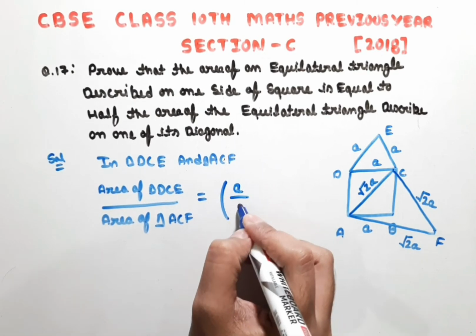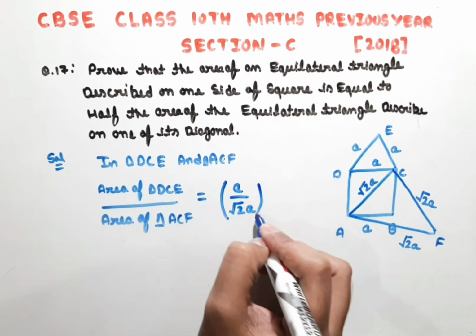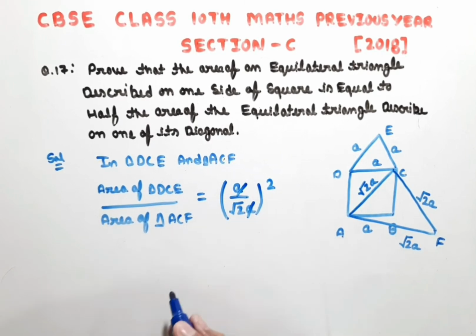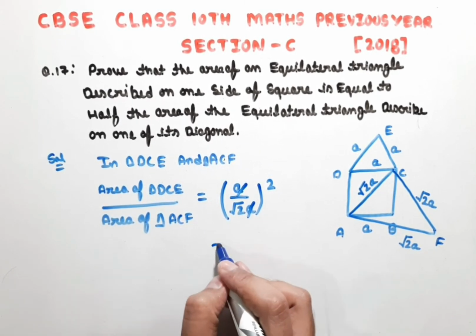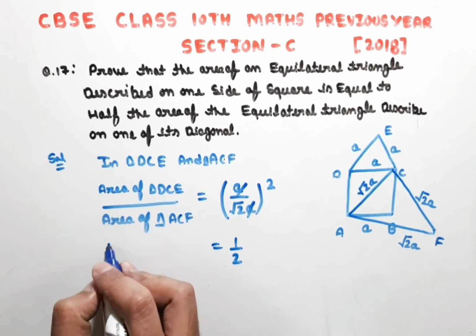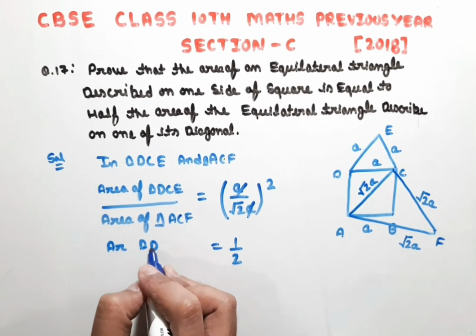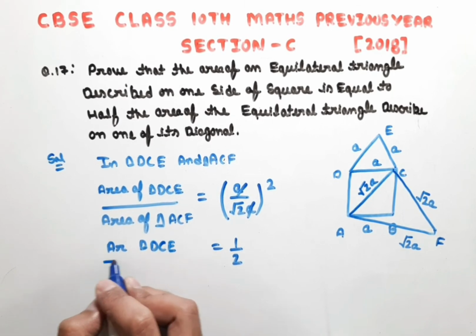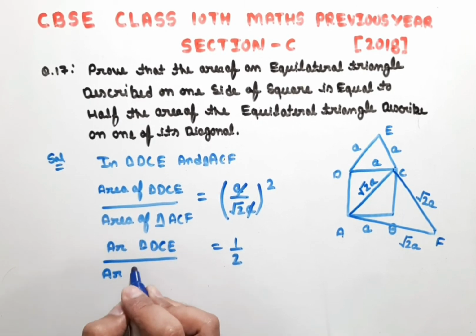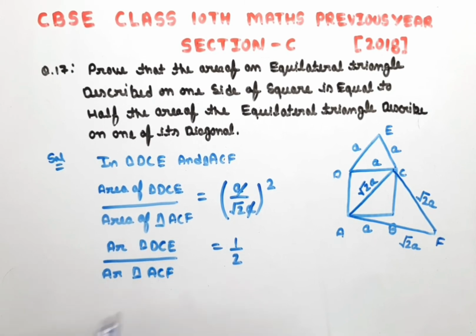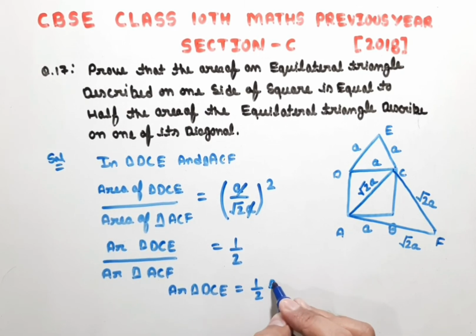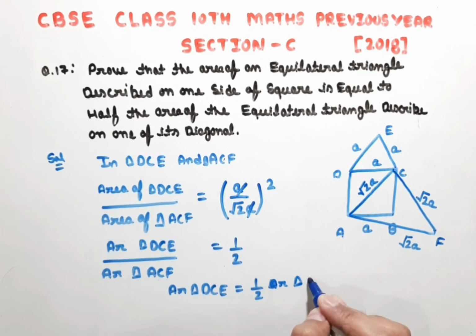So A upon root 2 A whole square. So A will be cancelled out and 1 upon root 2 square will be 1 upon 2. So area of triangle DCE upon area of triangle ACF is 1 upon 2. From here, area of triangle DCE will be half the area of triangle ACF.